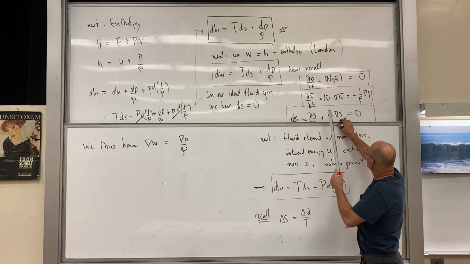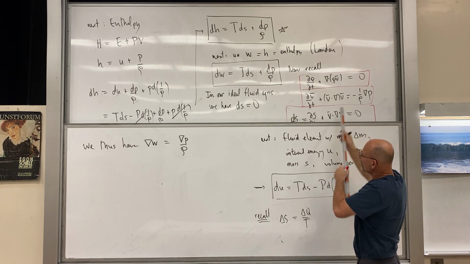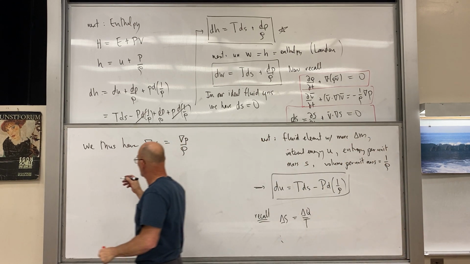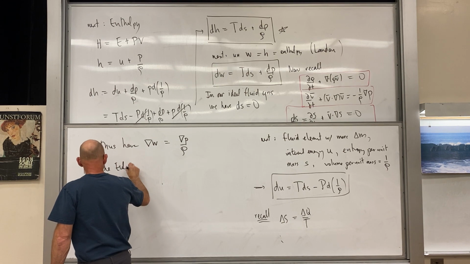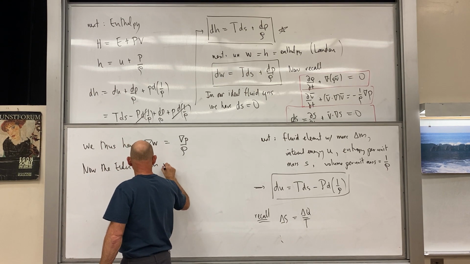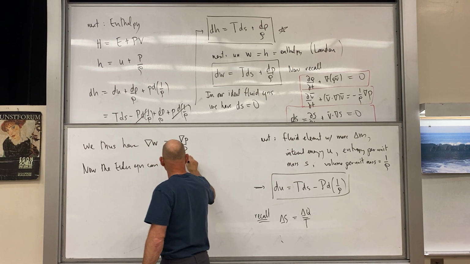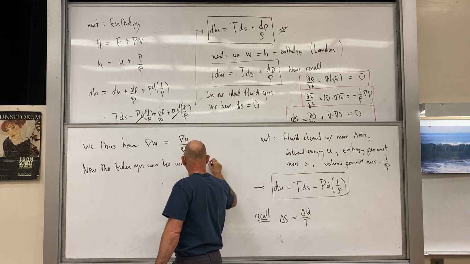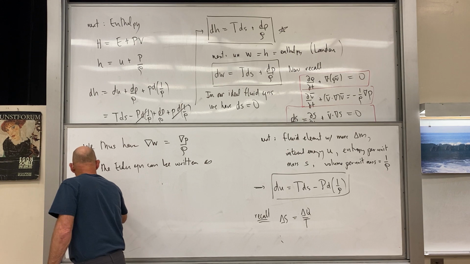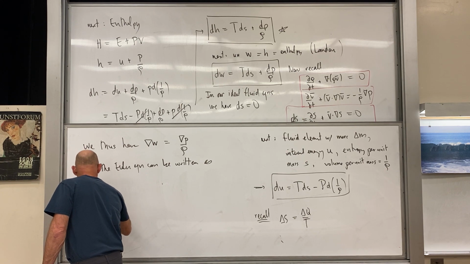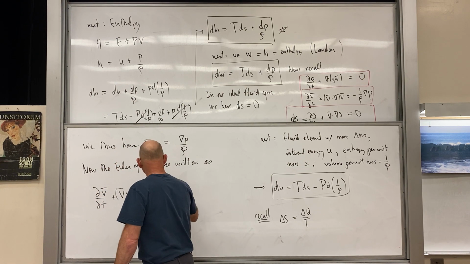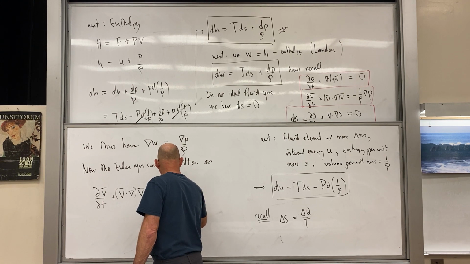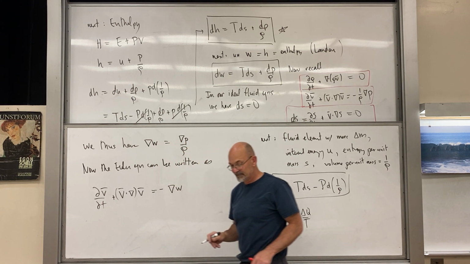And that allows us to go into here. So now the Euler equation can be written as dv dt plus v dot gradient applied to v equals minus gradient of w.